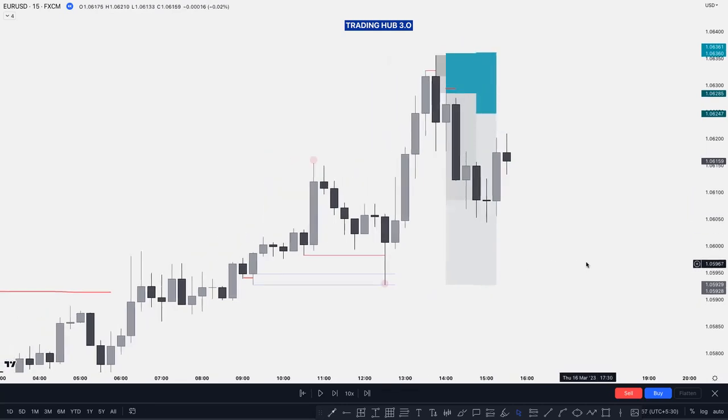And right now you can see here, what do you suggest and what are you looking for here, buy or sell? Let me enable this annotate zone.